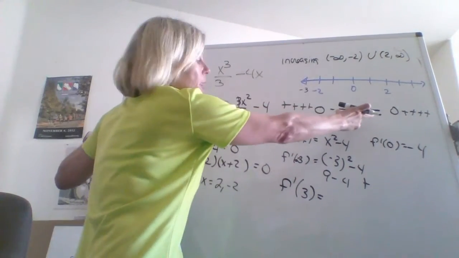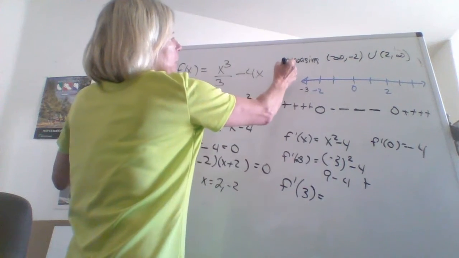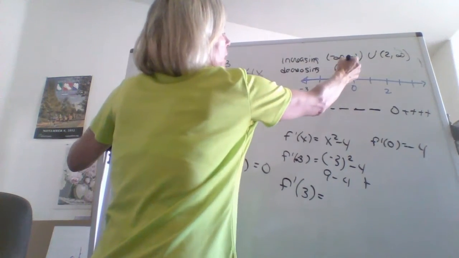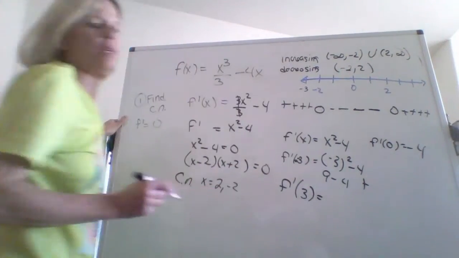My function is decreasing on this middle interval, which is negative 2 to positive 2.